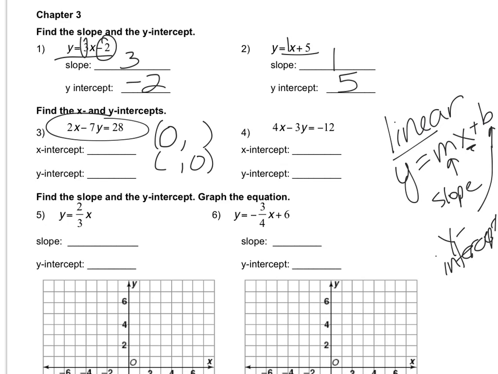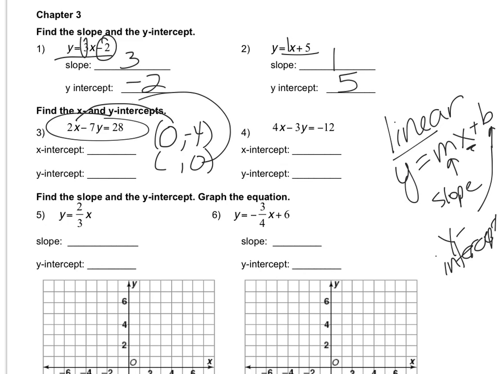So when I put 0 in for x, 2 times 0 is 0. So we're left with negative 7y equals 28. So y is equal to negative 4 because negative 4 times negative 7 is a positive 28.